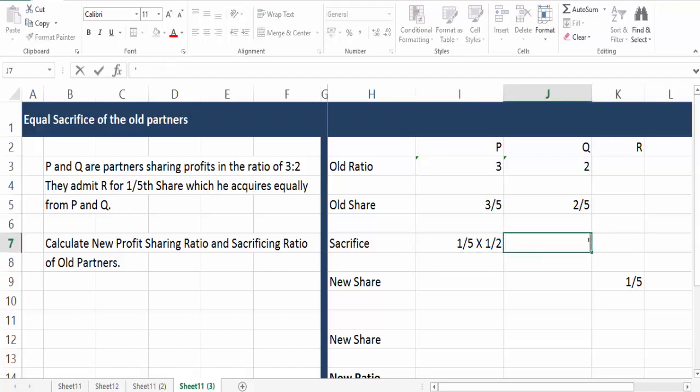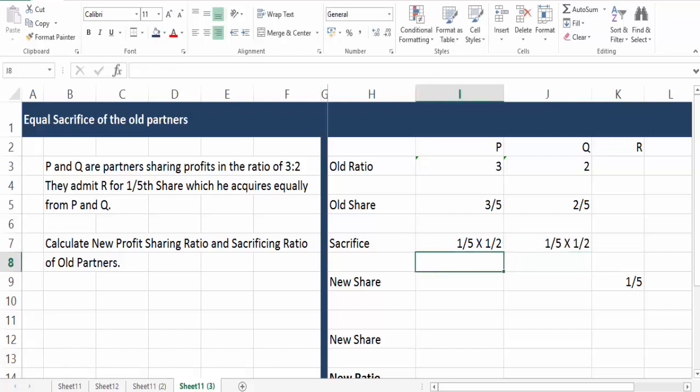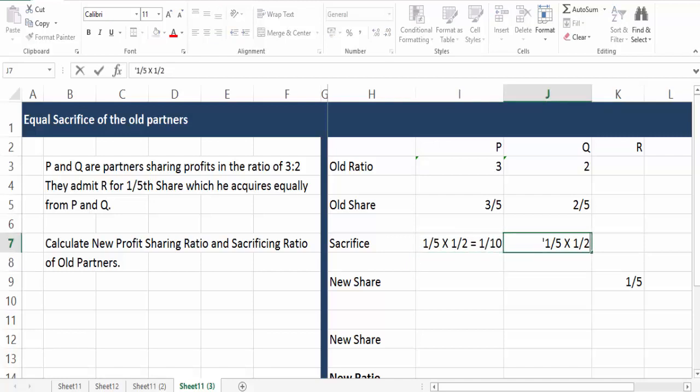Similarly, what is the sacrifice made by Q? It is 1/5, that is the share of R, multiplied by 1/2. If I calculate this, 1/5 multiplied by 1/2 is equal to 1/10. Similarly, sacrifice of Q is 1/5 into 1/2, which is 1/10.